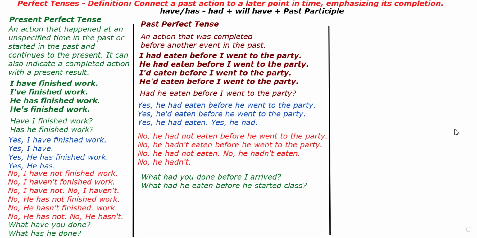Okay, so in this case, the next tense would be the future perfect tense. This would be the future perfect tense, okay? Now, what would be like the definition of the future perfect tense? Okay, so that would be an action. Let's write it here.